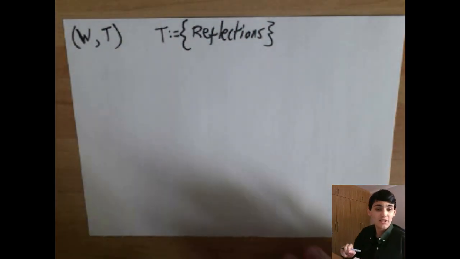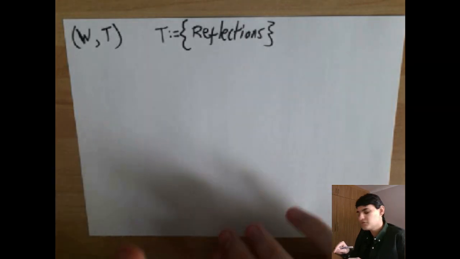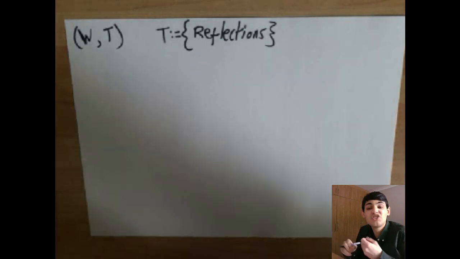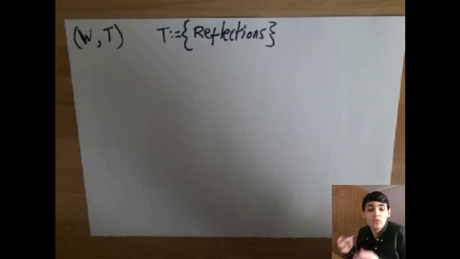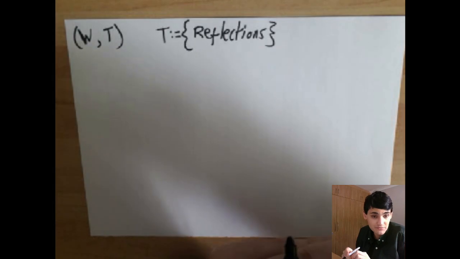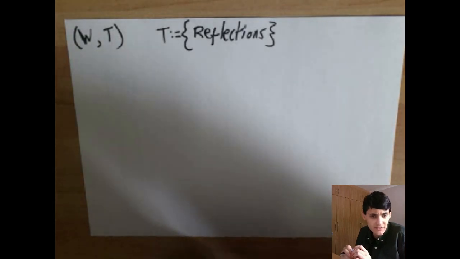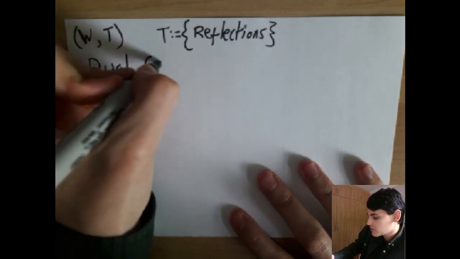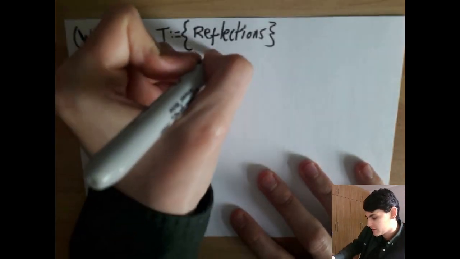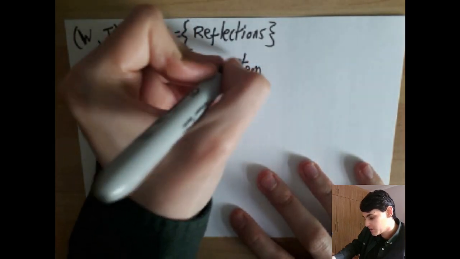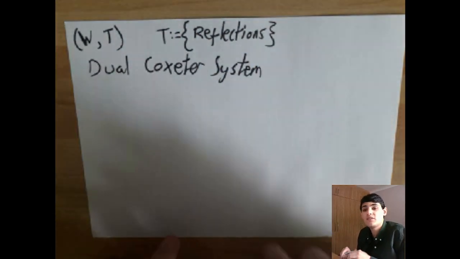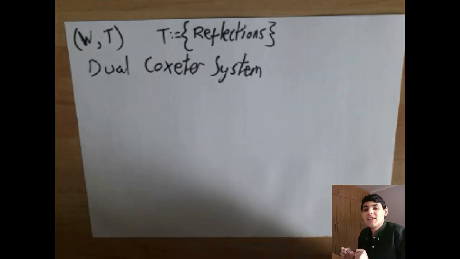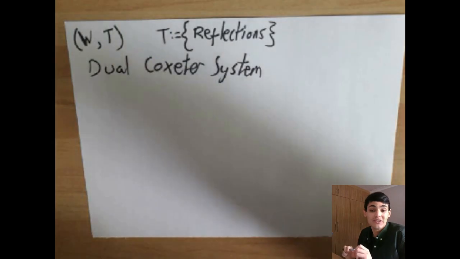So we are setting our Coxeter group W to be generated by all reflections in W. Despite its name, it's called the dual Coxeter system, but despite having the word Coxeter system in its name, it isn't a true Coxeter system.